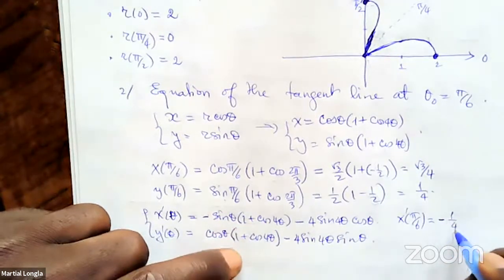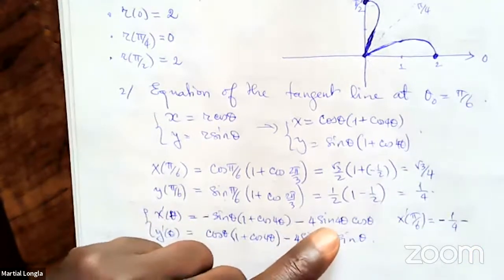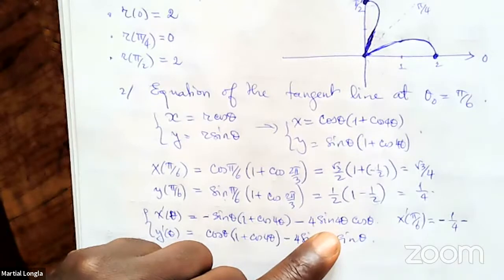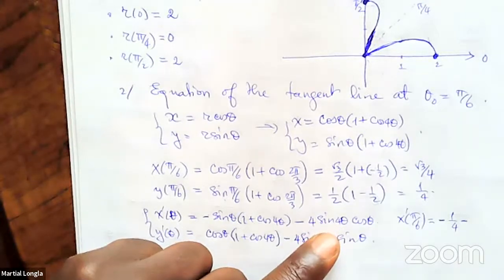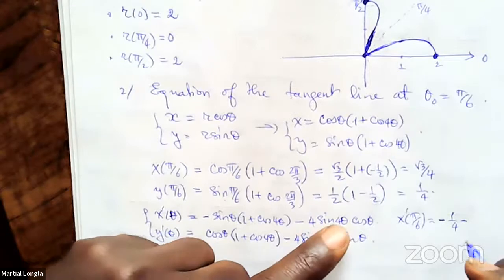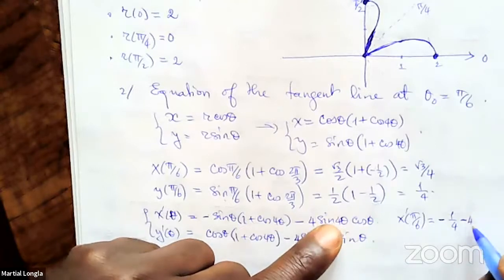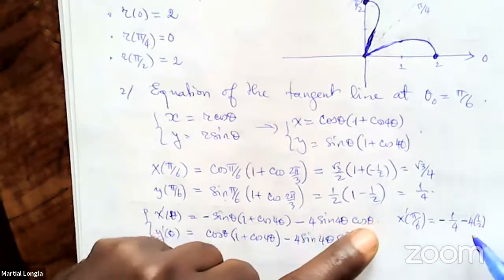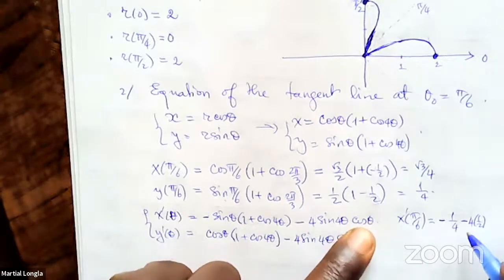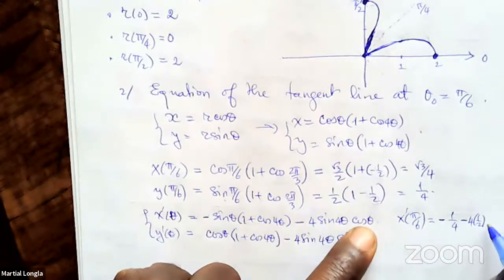So that's minus 1/4 minus, and here the sine of 4 theta is sine of 2 pi over 3, which is the same as sine of pi over 3. How much is it? Root 3 over 2. So minus 4 times root 3 over 2. And the cosine of pi over 6 is root 3 over 2.